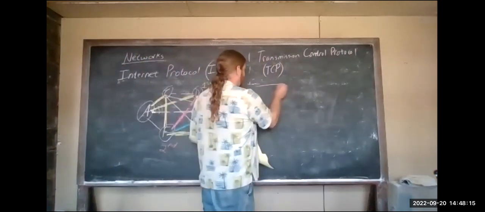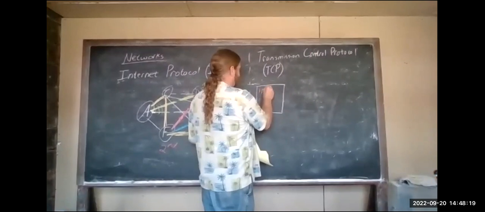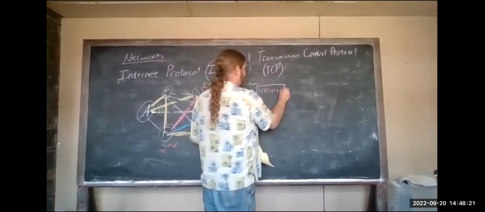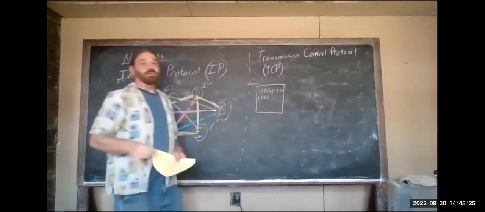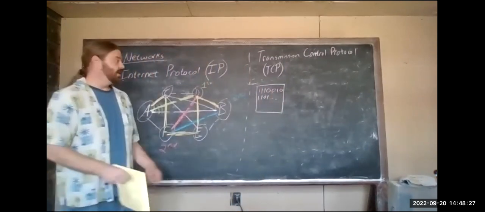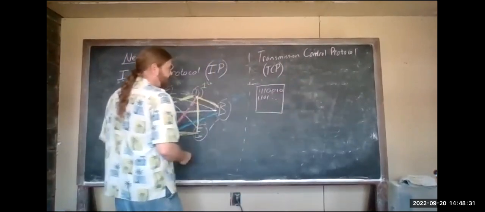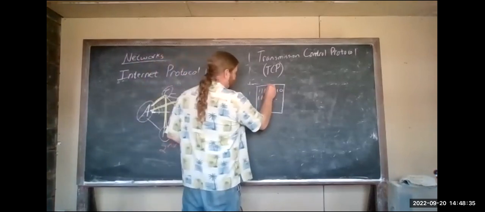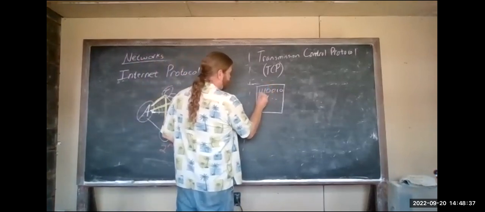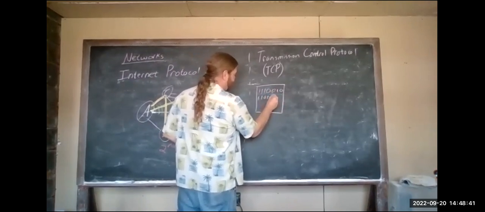So I'll do this in the picture. Maybe this is our data, right? 11100101101. Bunch of binary code that the machines know what to do with. So we have this data we need to get across the network. So instead of sending that as one big chunk, TCP is going to break that up into small chunks.